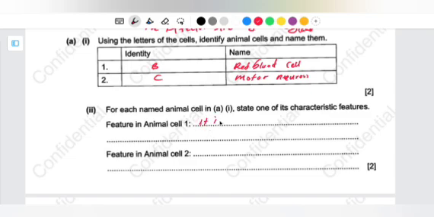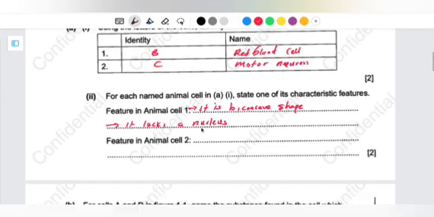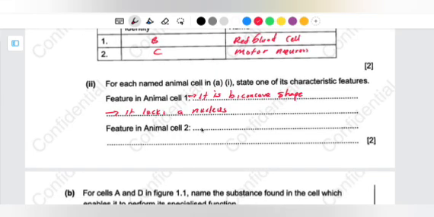Or you can say it lacks a nucleus, but you have to choose only one. The reason why it is biconcave in shape is to create a large surface area or to store hemoglobin, which has high affinity for oxygen.